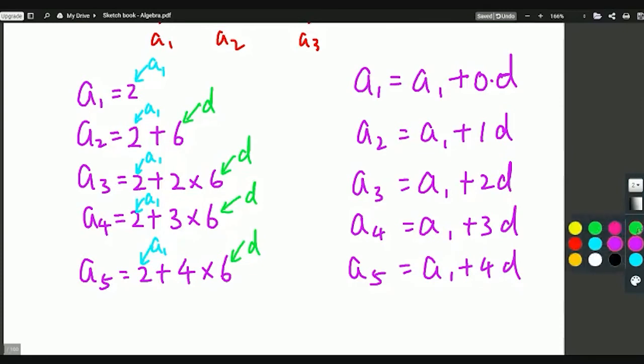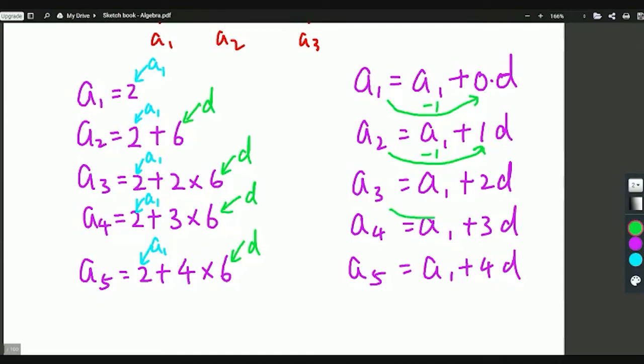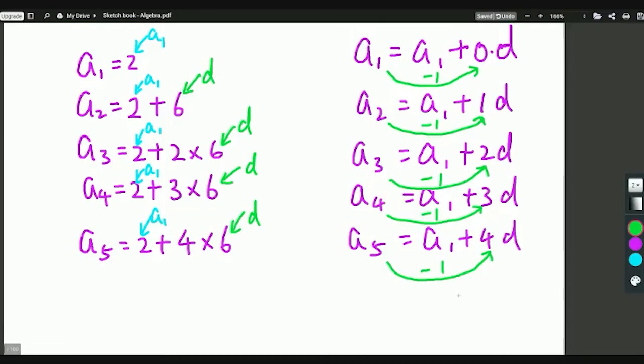What's changing is just 1 minus 1, 2 minus 1 to have this, 3 minus 1 to have this, 4 minus 1, and 5 minus 1. The only thing changing is the term and this part.